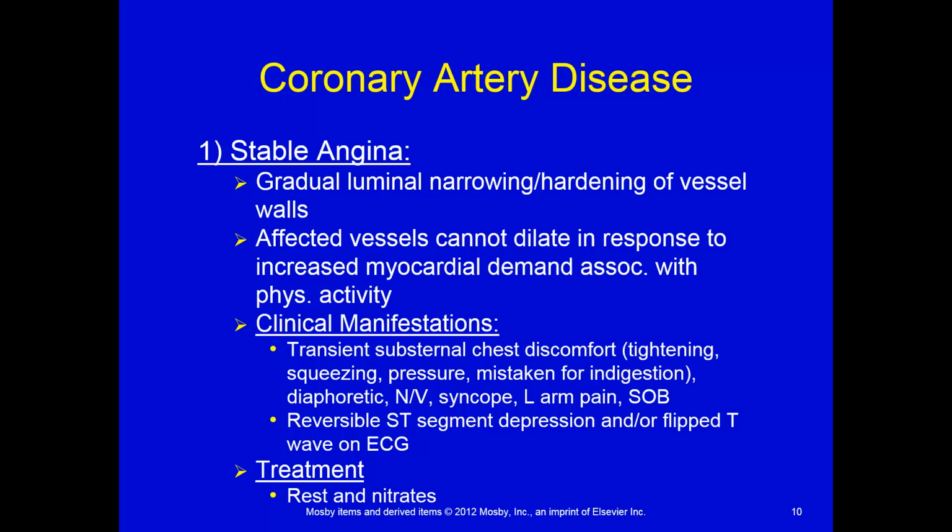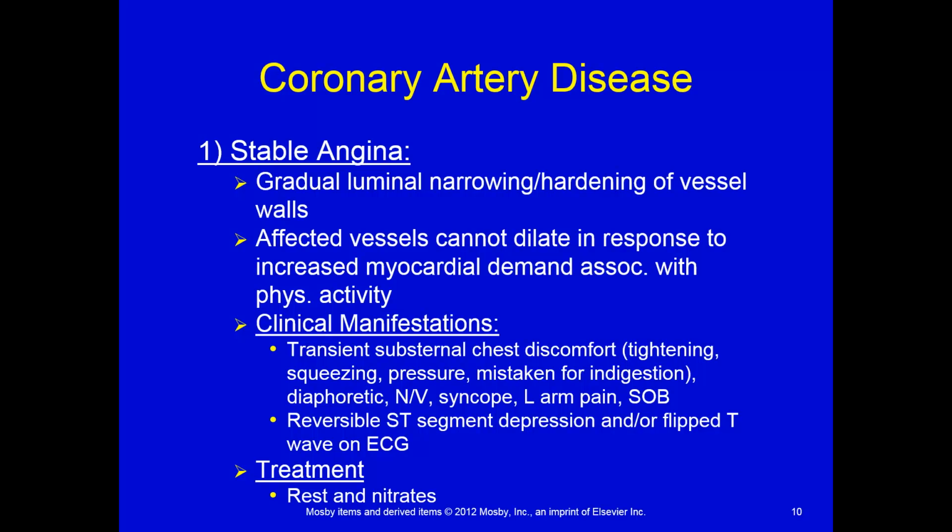Another way to think about stable angina is that it's pretty fixable with nitrates, with nitroglycerin. So the same story would be the guy would come in and say, I can go walk my 3 miles in the morning. If I do happen to go up the steps in the park or I do have to pick up my pace on my way home and I start to have chest pain, I know that I can sit down on the park bench, pop one of my sublingual nitroglycerin tablets under my tongue, and in 5 minutes that pain goes away.